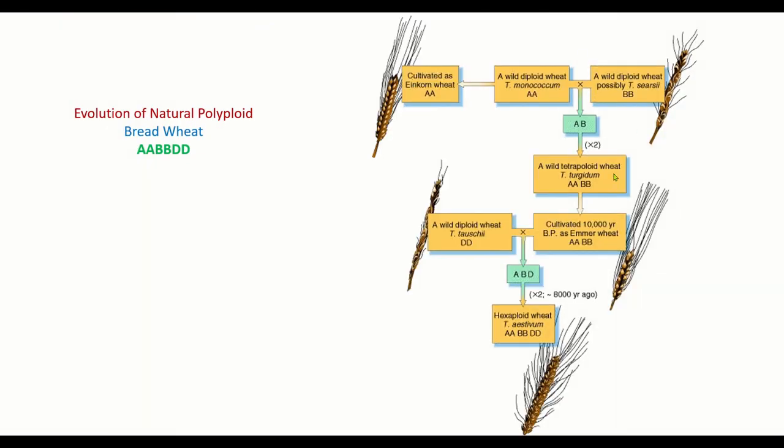If we take this as an example, A is not able to cross with D directly, so B can be used as a bridge species. When you cross between these, B has a homologous chromosome which can pair with both A and D genomes. Because of this, B acts as a bridge species between A and D, although all the significant characters are located in the A and D genomes.